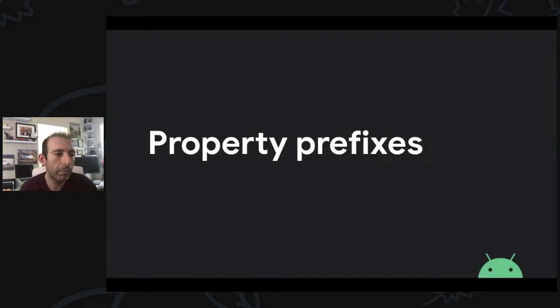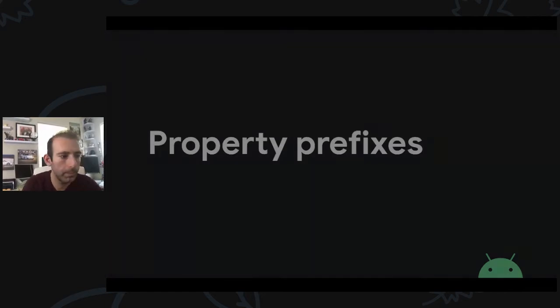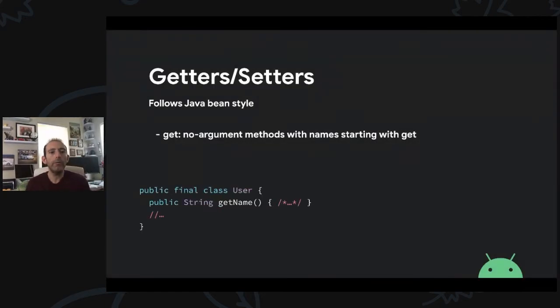Next, we have property prefixes. If you're following Java Bean style, a very quick summary, you should be fine because Kotlin knows how to invoke the Java getters and setters. To give an example, let's say we have a User class and it has a getName function for the name parameter.